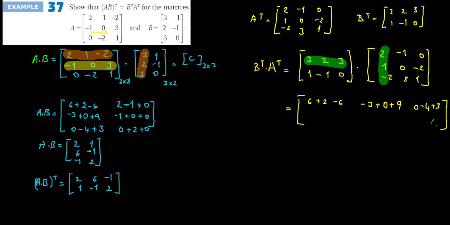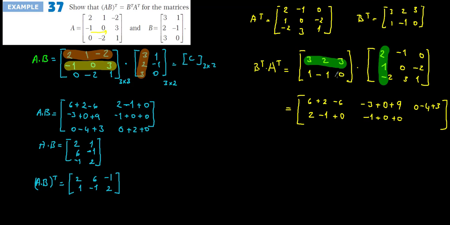It should be okay. Then 1 times 2 is equal to 2. Minus 1 times 1 is equal to minus 1. And 0 times minus 2 is equal to plus 0. 1 times minus 1 is equal to minus 1. Minus 1 times 0 is equal to 0. And then 0 times 3 is equal to plus 0.